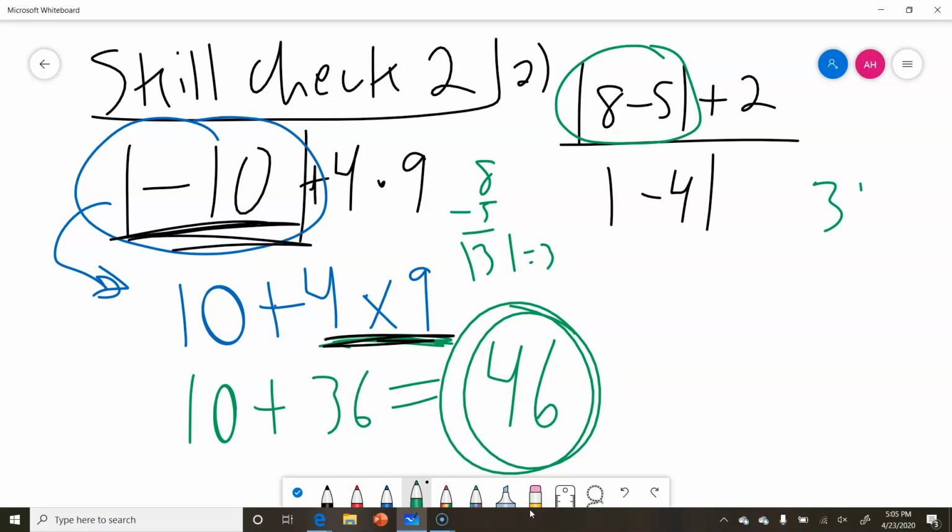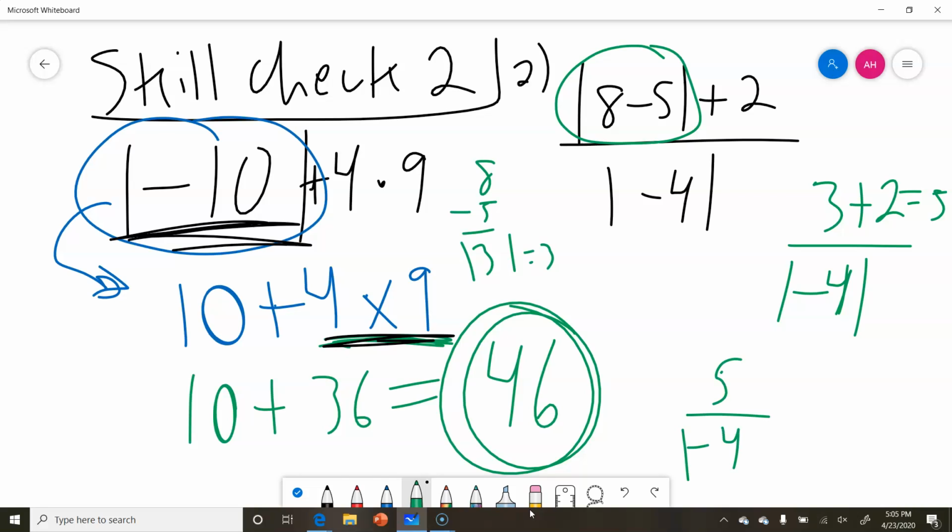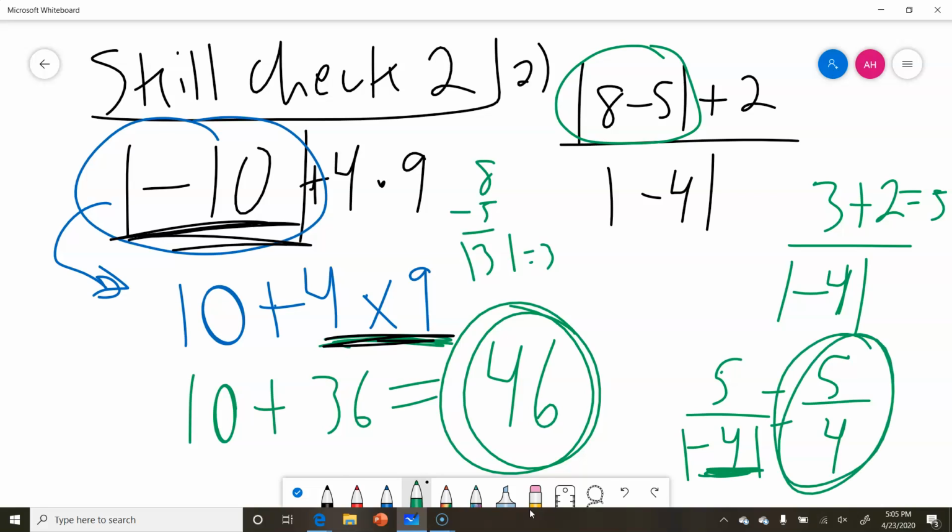So I get 3 plus 2 divided by the absolute value of 4. So I add the top. What's 3 plus 2? Well, that's 5 over, and now I have the absolute value of -4. I take the absolute value of -4, and it's a distance, so it's +4. So there's my answer, 5 over 4. Or if I want to rewrite that, it becomes 1 and 1 over 4. Okay, so either way, you can write the answer.